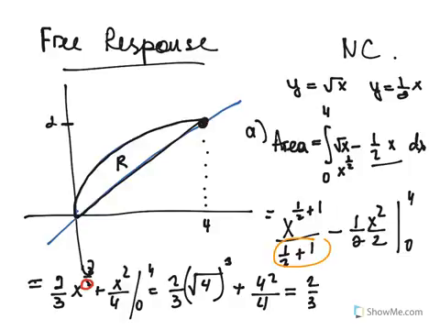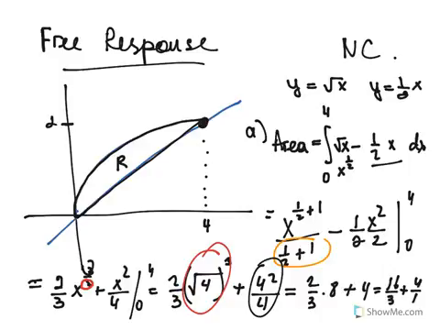Square root of 4 is 2, and 2 cubed gives you 8. And this part, 16 divided by 4 is 4. So what do we get? 16 over 3 plus 4 over 1. And what is it? 16 plus 12. So it's 28 over 3.